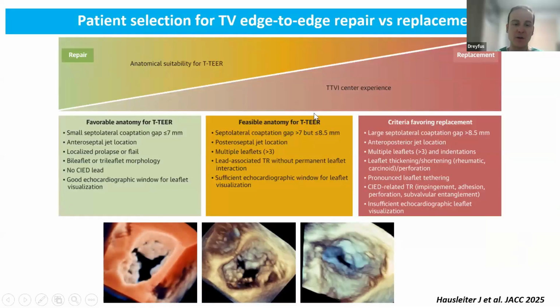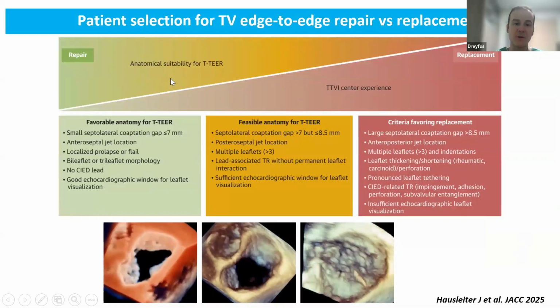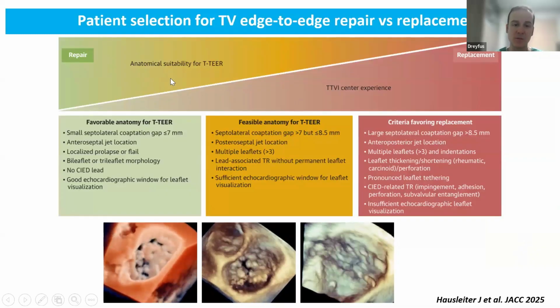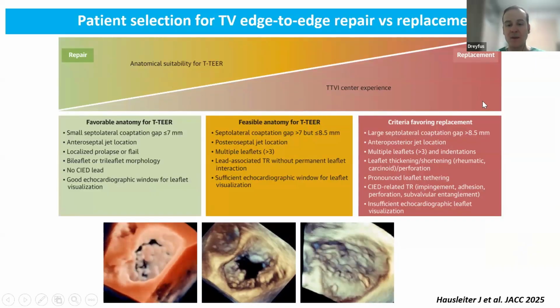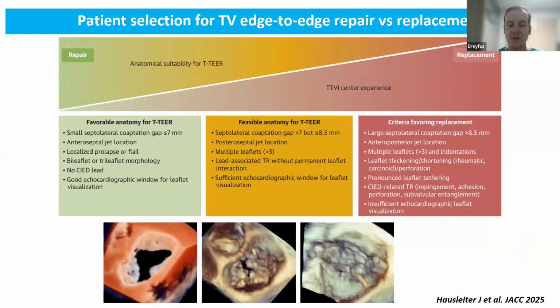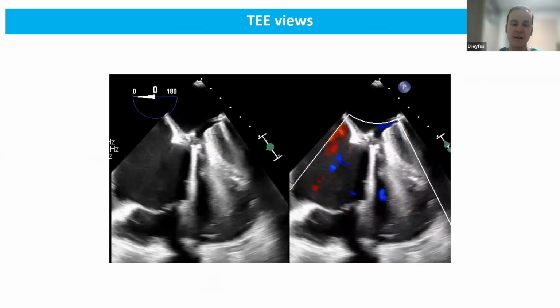And that's why you have the colors, just like for the mitral valve, considering that on the left part, probably the patient is anatomically suitable for edge-to-edge repair, while if you are moving to the right side, you should consider a transcatheter tricuspid valve replacement. A score called the GLIDE score has been proposed to help us define the patients that may be suitable for transcatheter intervention.